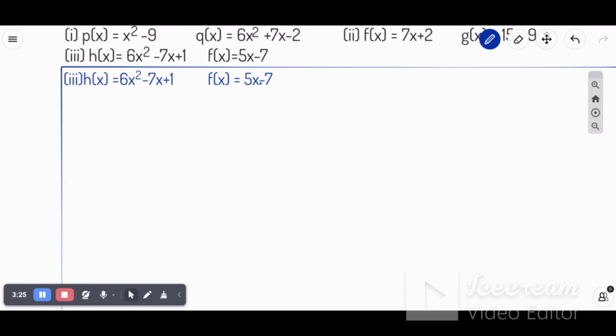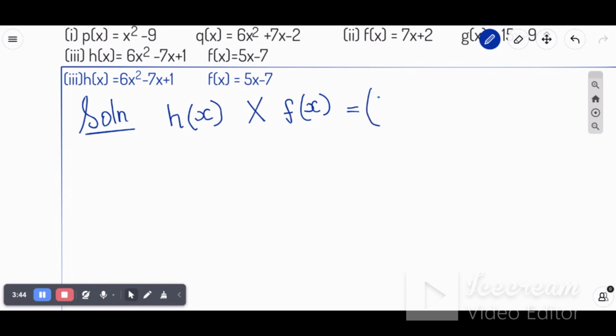Let us move to the final part of this question. Let us start our solution. Here we have got h of x and then f of x. So h of x, we have to multiply, right? Put your multiplication symbol with your f of x. Let us write this carefully first.